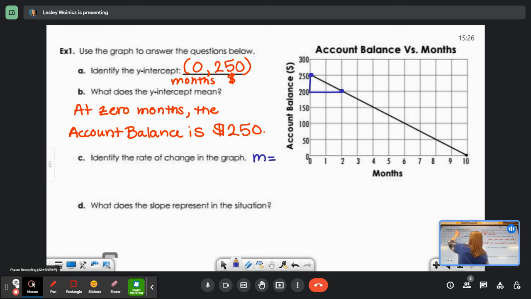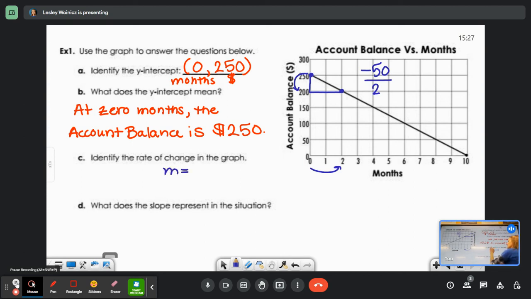What is my rise? 50, is it going up or down? So down 50, and then from 0 to 2 is going 2 to the right. Okay. And then can we reduce that? Yeah.